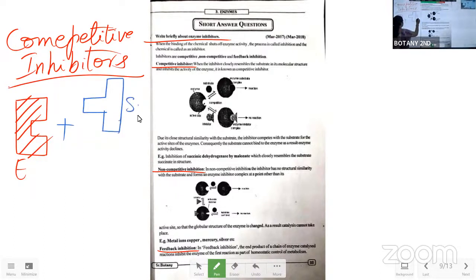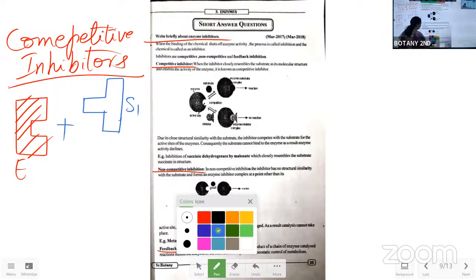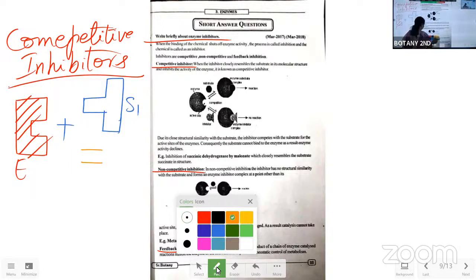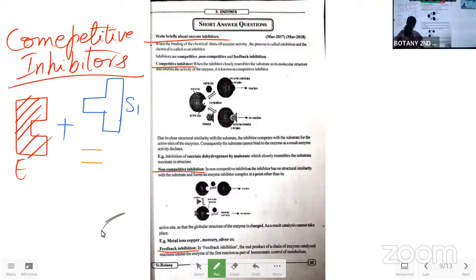This is the substrate 1, and the second one is the inhibitor, that is the substrate 2.